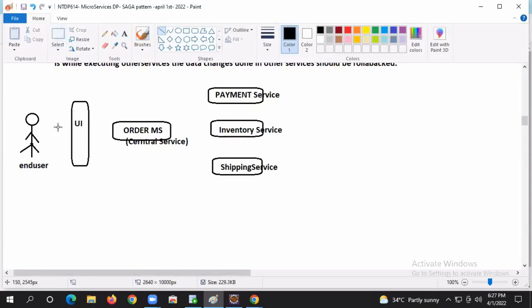Now tell me. We talk to the UI, and the UI talks to order service. Right? Okay. Nice. Now listen. Order service is a central service, and it talks to each one. Request, response. Again it talks here and gets the response.